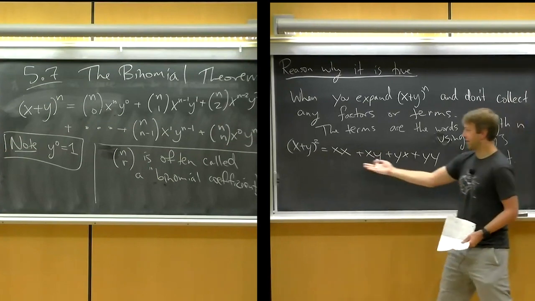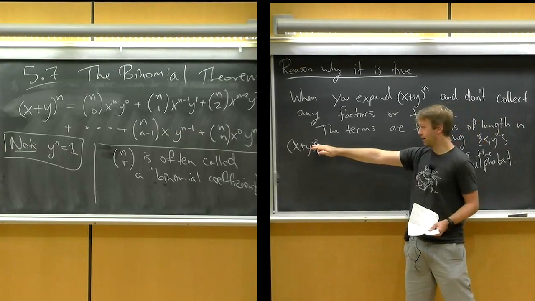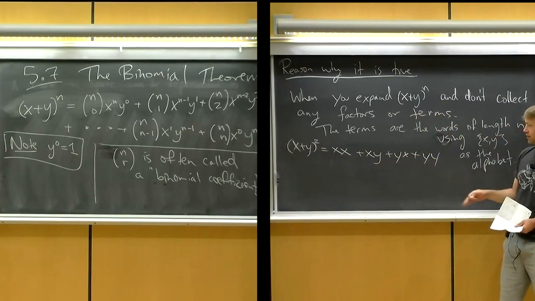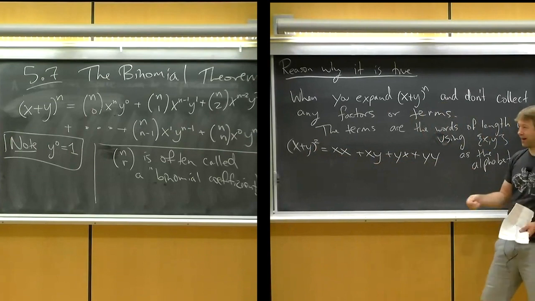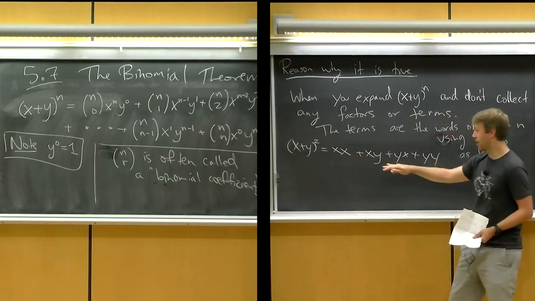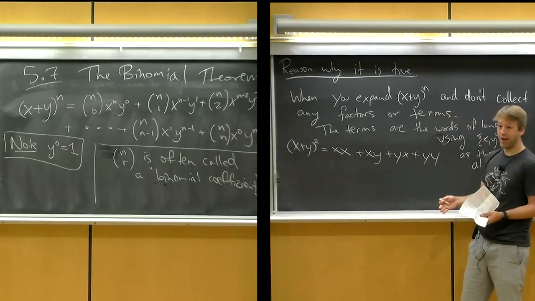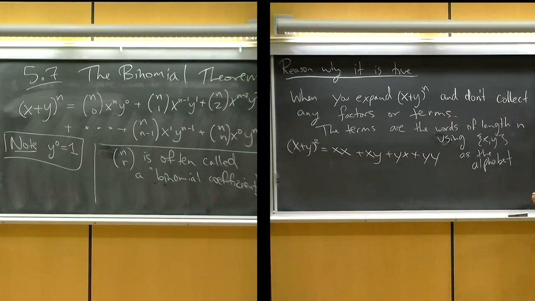And we can see that here. This is a very simple example, but if n is 2, here I've got all the two-letter words that use the letters x and y. It could be xx, xy, yx, or yy. Those are all the words of length 2, and each of them appears exactly once.